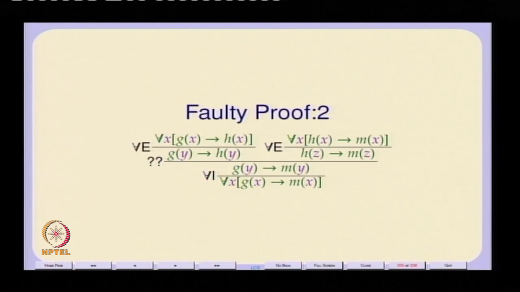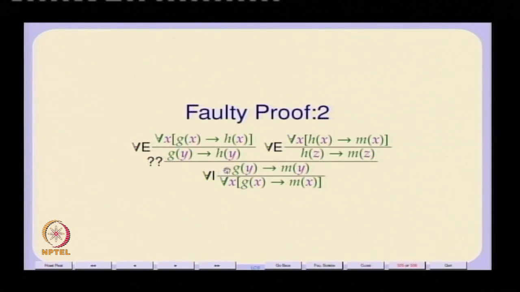But as patterns, this h of y is not the same as the pattern h of z, because y and z are different variables, right? And from our semantics of predicate logic, it is clear that under certain valuations y and z might have different values, in which case the truth is not guaranteed to be preserved by this kind of an assumption.